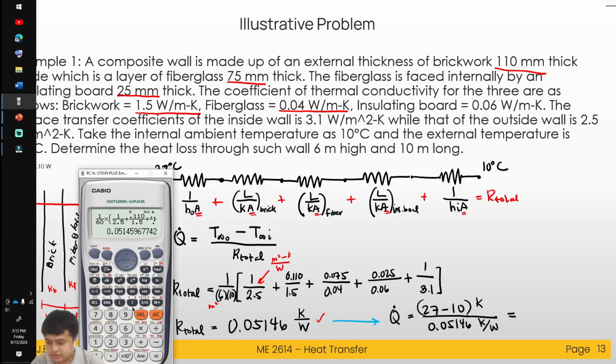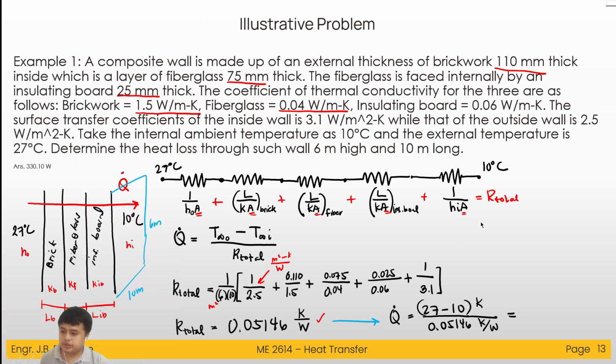If you divide this, you have 17 over 0.05146, and the answer is 330.36 watts. So this will be your heat transfer flow rate.